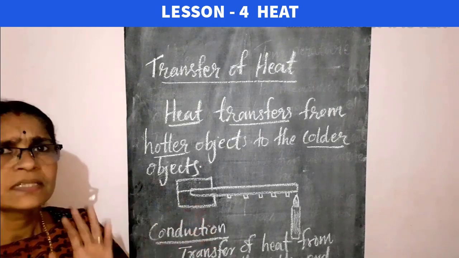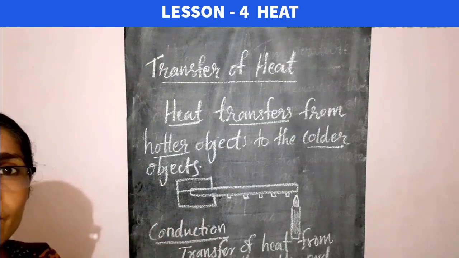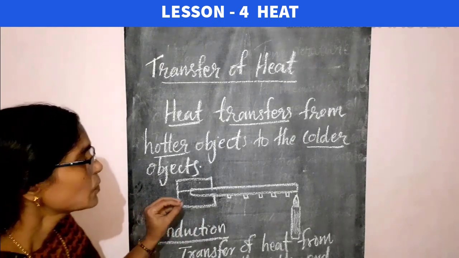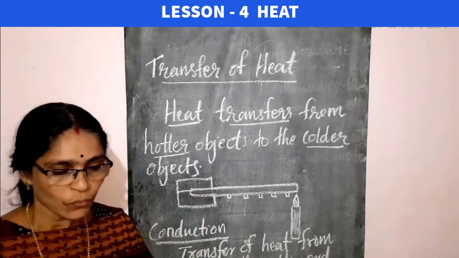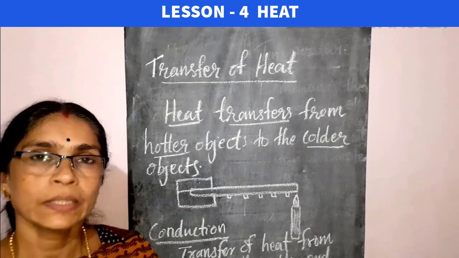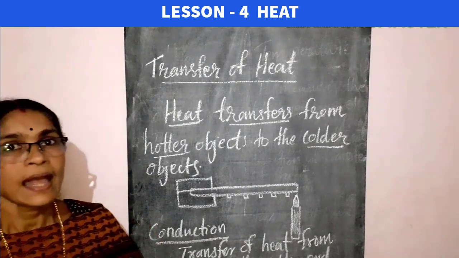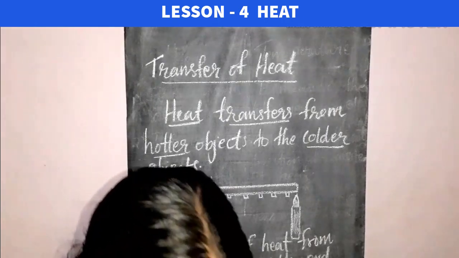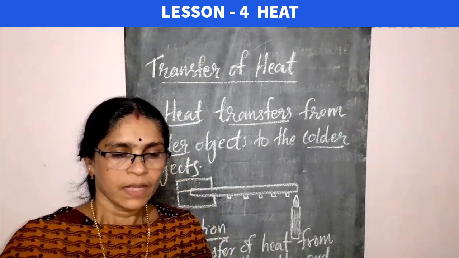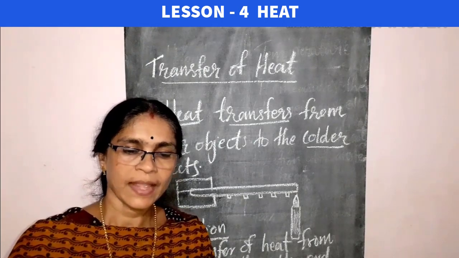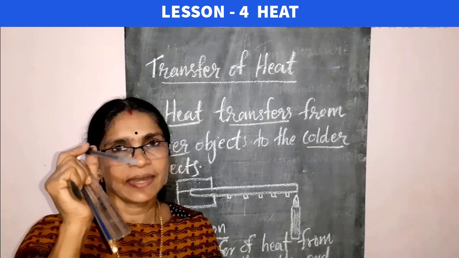Do all substances conduct heat easily? To know about that, we have to do another activity. For that, you have to heat water in a pan or a beaker and collect some articles like a steel spoon, pencil, scale and one pen.